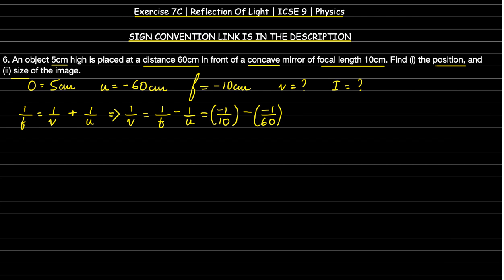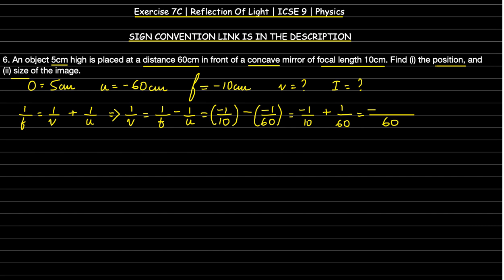So here we have minus 1 by 10, minus into minus is plus 1 divided by 60. So the LCM of 10 and 60 is going to be 60. So here I write the LCM. So LCM is 60 and here 10 into 6.